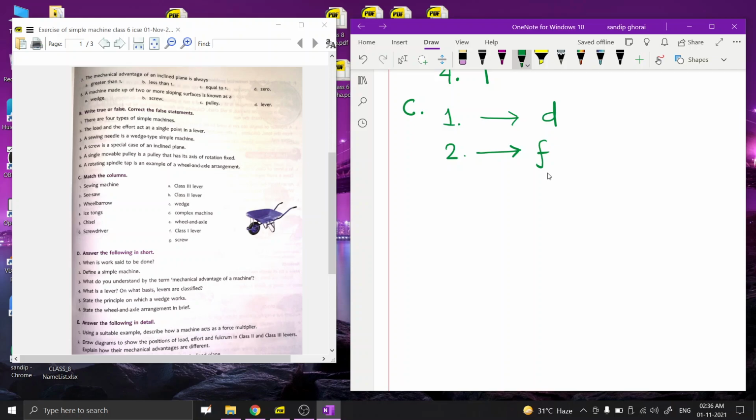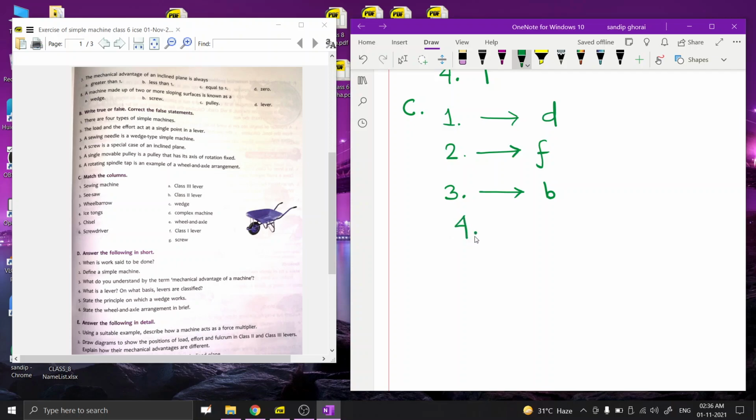Now we move to 3, the wheelbarrow. That is an example of a class 2 lever, so this is B. For a wheelbarrow, the load lies between effort and fulcrum, so this is a class 2 lever.